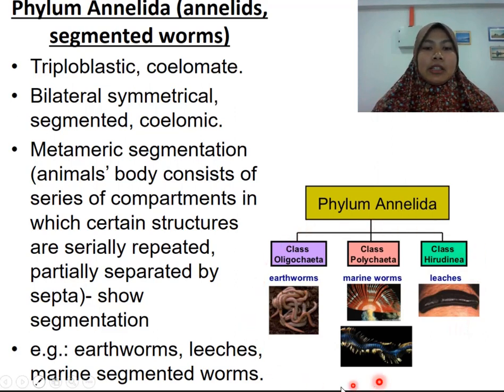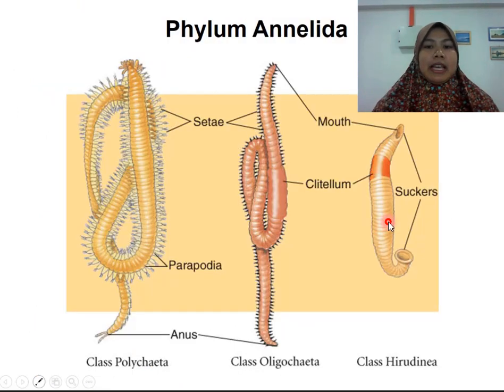Each of them has different characteristics even though they are in the same phylum. Traditionally, as I mentioned, phylum Annelida was divided into three main groups, as you can read from the textbook: class Polychaeta, class Oligochaeta, and class Hirudinea, the leeches. Each has different characteristics, though they might also have some similarities.